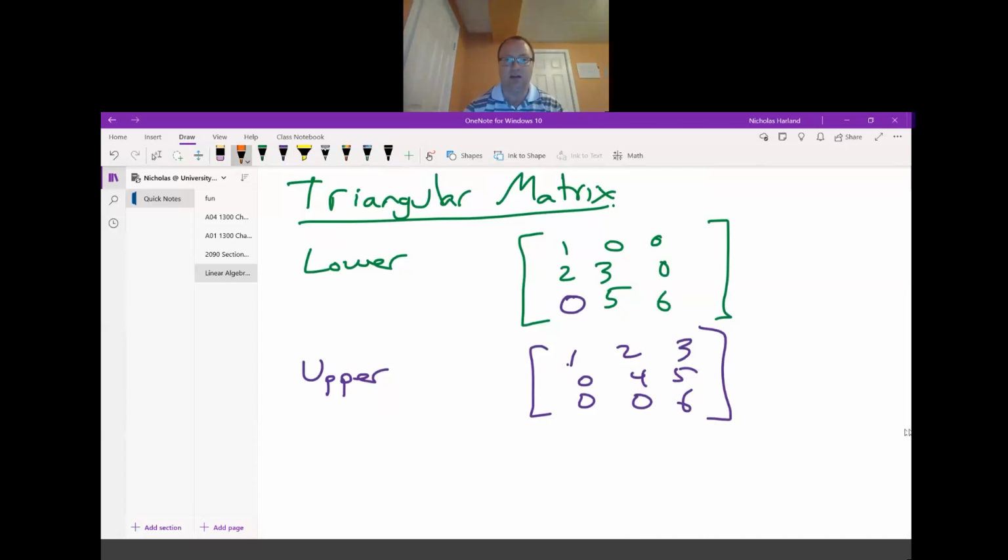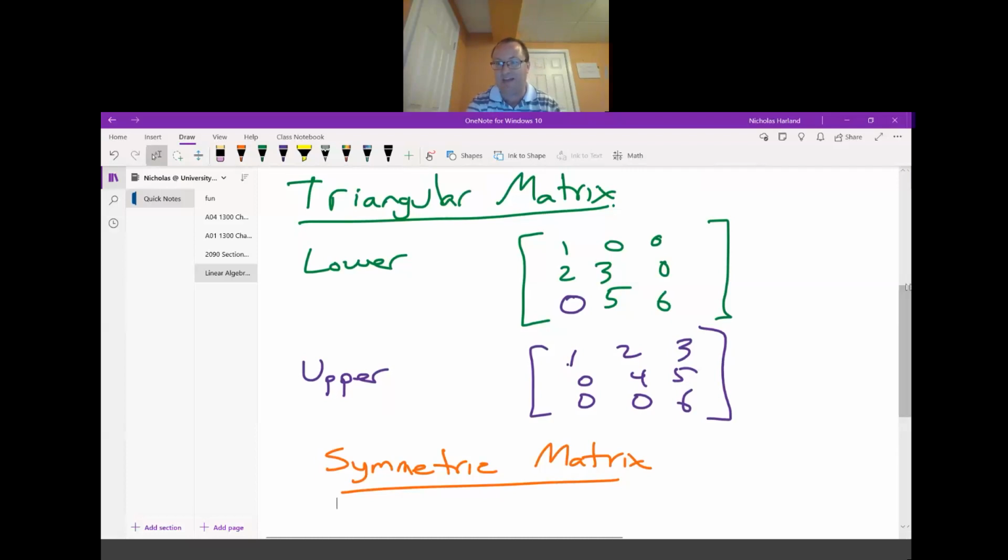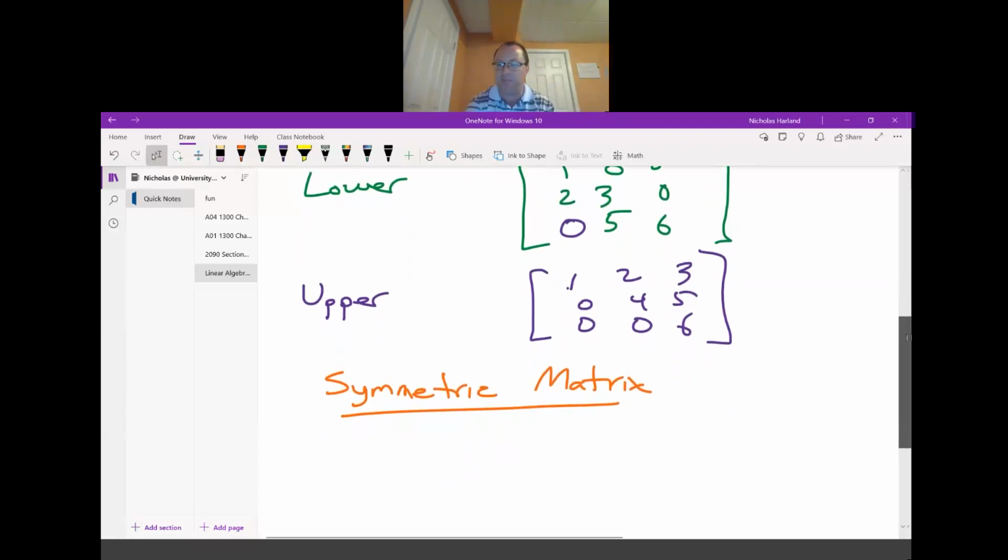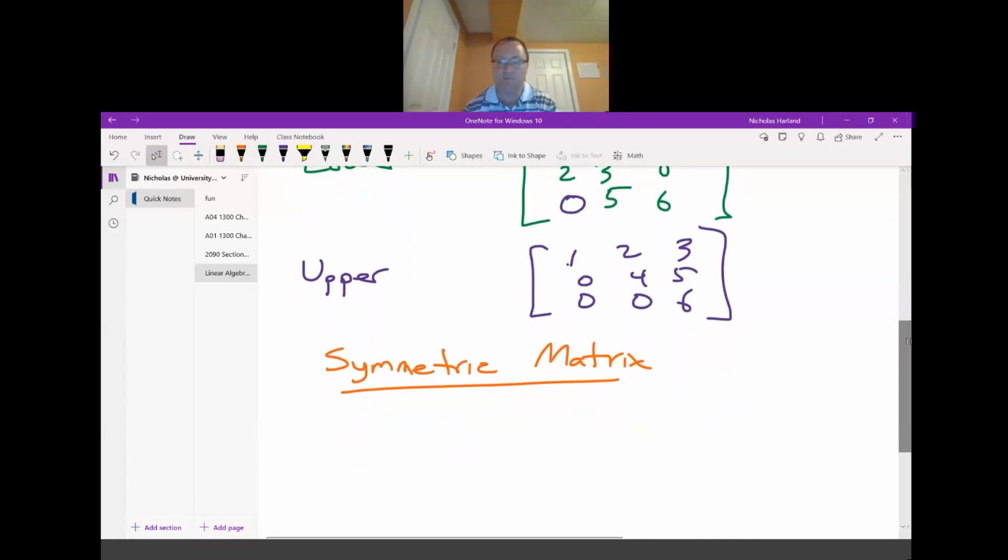The last type of matrix that we're going to be looking at here is something called a symmetric matrix. Now, a symmetric matrix doesn't have to be upper, it doesn't have to be lower, doesn't have to be diagonal, although a diagonal would be an example of a symmetric matrix, but it is kind of what you might think it is.